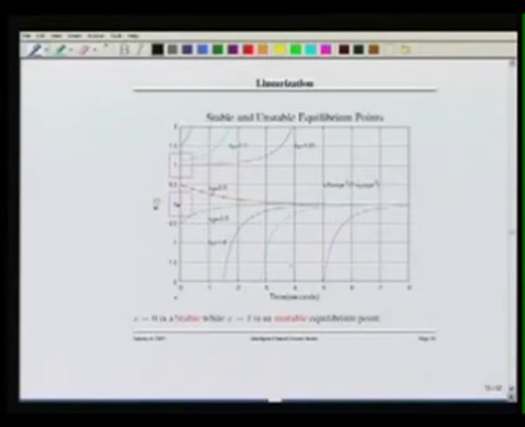This is the time axis and this is x of t, and we are showing the response. The value of x of t at t equal to 0, we can start near the first equilibrium point, that is 0, this particular point, and the other is 1, this is another equilibrium point.